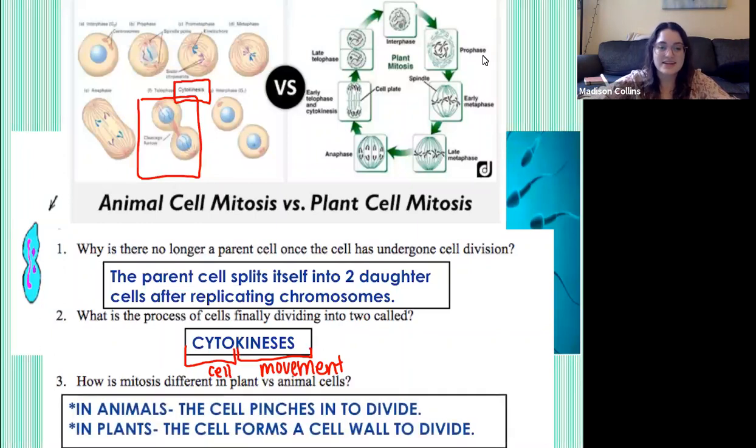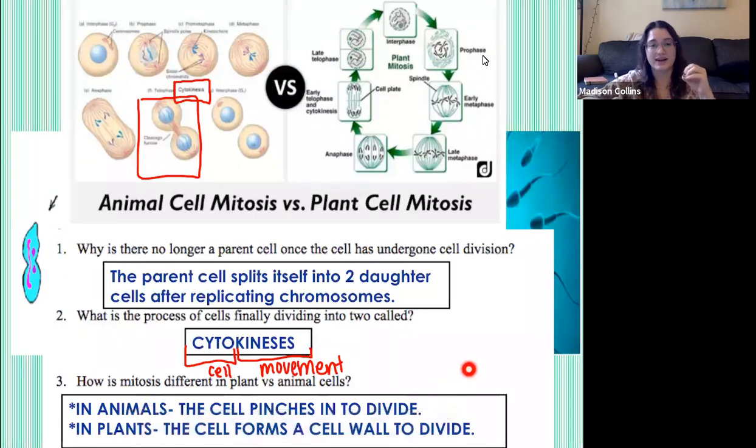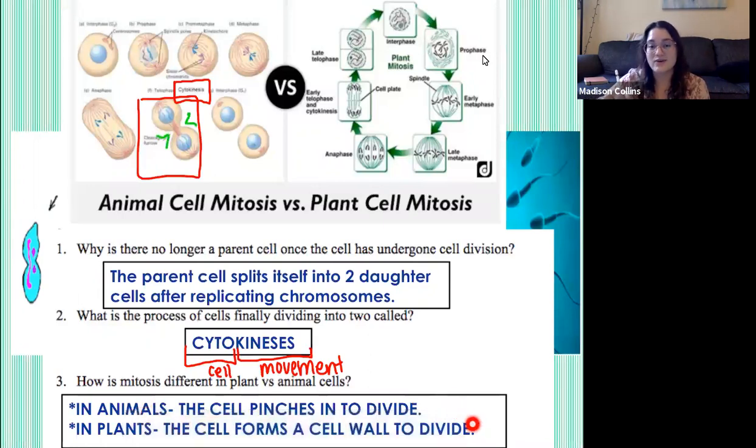And we can see that in animal cells, the cell is going to pinch in to divide, right? We see that something called a cleavage furrow forms, which basically slowly pinches in that cell membrane and pulls it apart to separate it. But it looks a little bit different in plant cells, and that's because we have that extra organelle, right, called the cell wall.